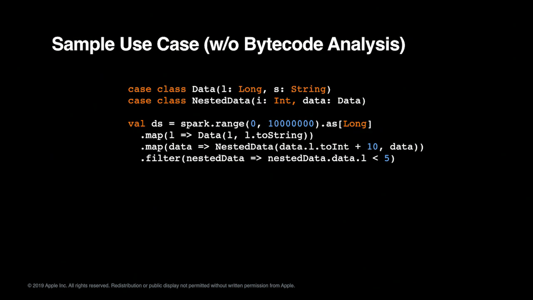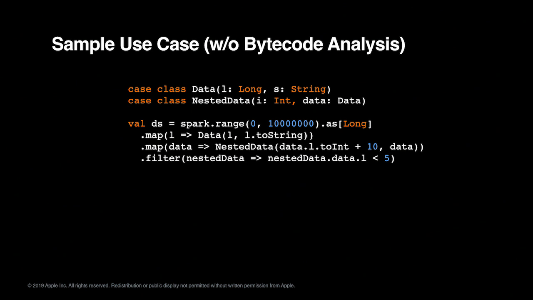All right, let's take a look at another example, which is a more real use case, and what we can achieve with bytecode analysis. We have two case classes, data and nested data, and we also create a data set out of a range of long values. This time the range is a bit bigger, but still, it's a local data set.